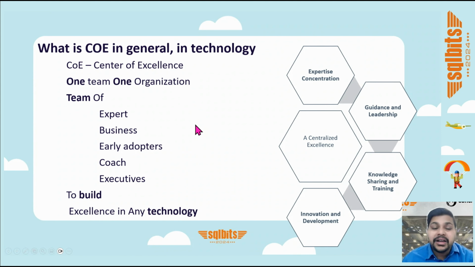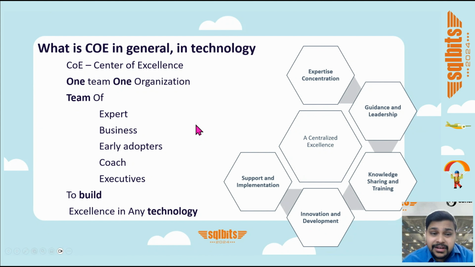You have to be ahead of the curve in innovation and development, so that before your customer comes to you and says, hey, I heard about this online, can we use that? Instead, I want your COE team to tell your customers, hey, these are coming in the next phase or next month. It's better to look at this and see how you can use it in your customer's technology, right?